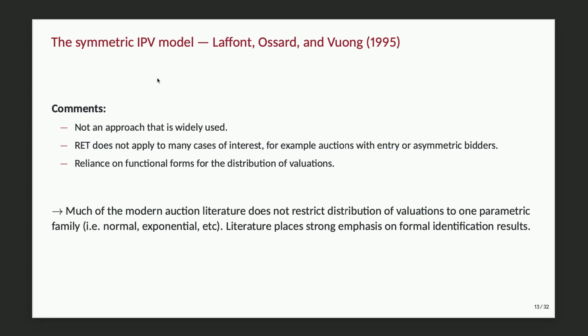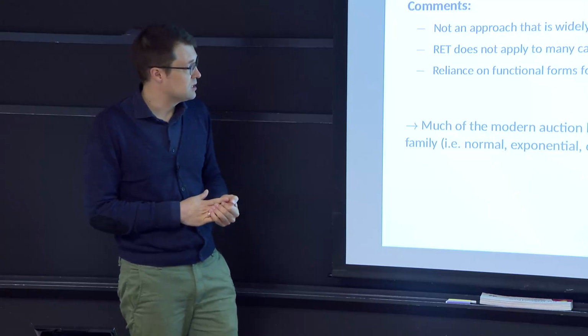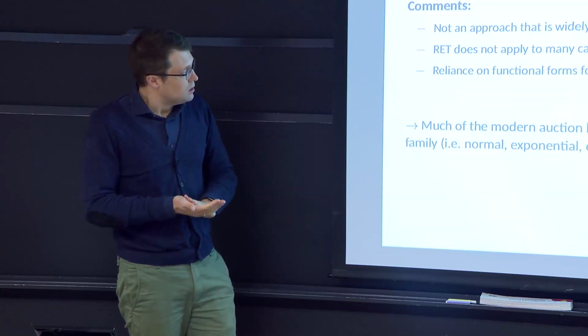So many things that we believe are important in the real world lead this result to break. And so it might be assuming a little too much to rely on this result.